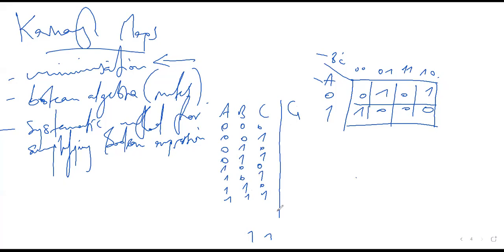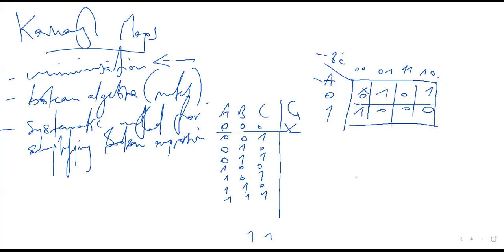Each row in a truth table is represented by a square. So each row, this row 0, 0, 0, its output x is represented by a square in the Carnot map. That's why we have 8 squares. Each row is represented by a square, right?